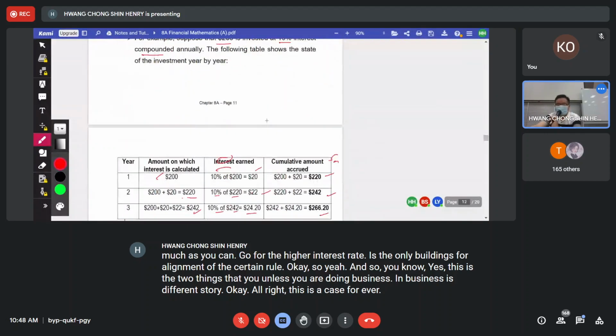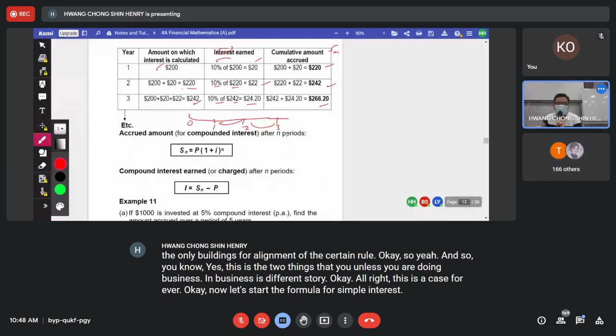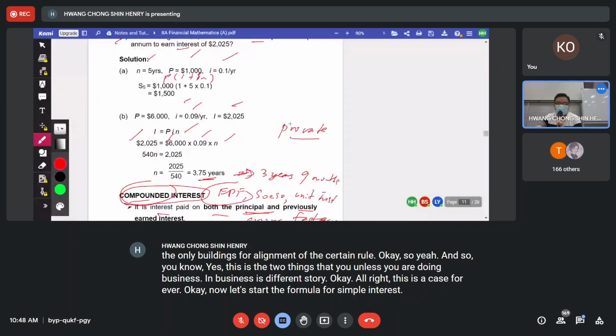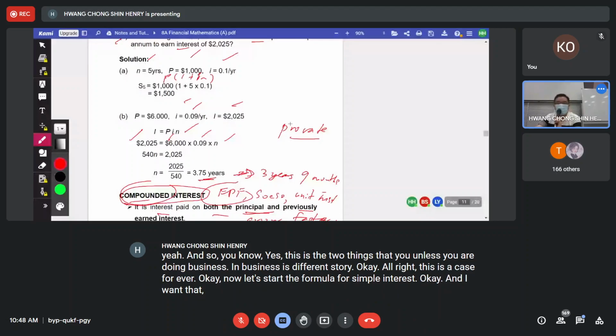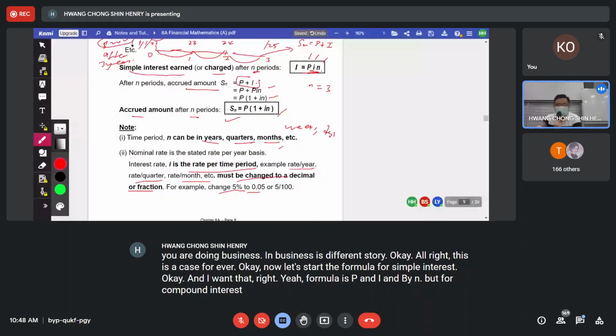Okay, now let's start. The formula for simple interest is what? Sn equals P times (1 plus IN), right? The formula is P times I times N, multiplied by N. But for compound interest, you see the formula?